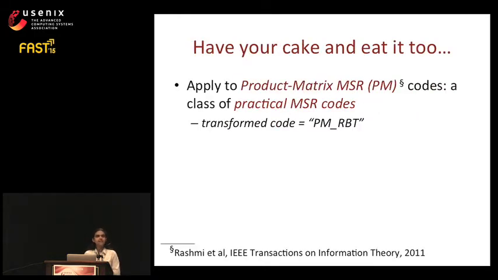But before going into the details, I want to show you the kind of performance improvements that can be obtained by applying these transformations. We'll apply these transformations to a class of practical MSR codes called product-matrix-MSR codes, and call the resultant code after transformation PMRBT. This nomenclature will be clear when we go into the details of the algorithm.